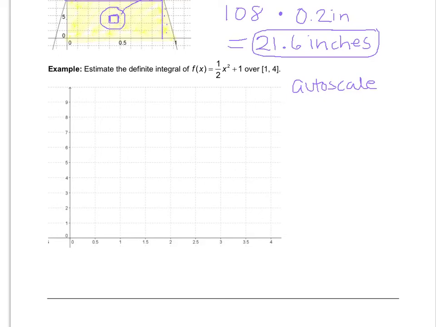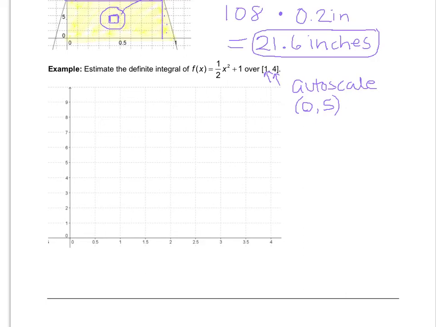Even though we could graph this function by hand, we're going to let our calculator do it for us, and we're going to auto scale. I like to always start my x value a little bit less than my starting x value over the interval, and end it a little bit further beyond the interval that we are going to be estimating, because it helps to put it in the window a little bit better. So if I auto scale from 0 to 5, it's a little bit easier to see this picture.